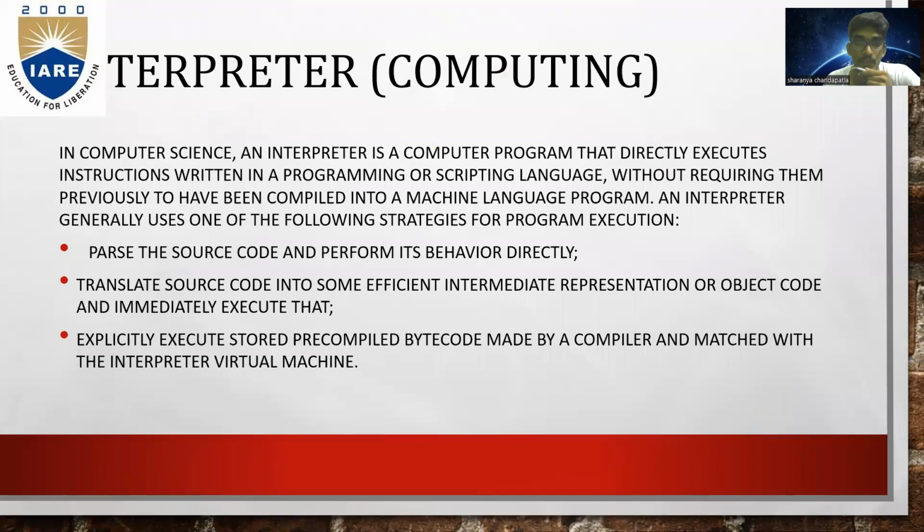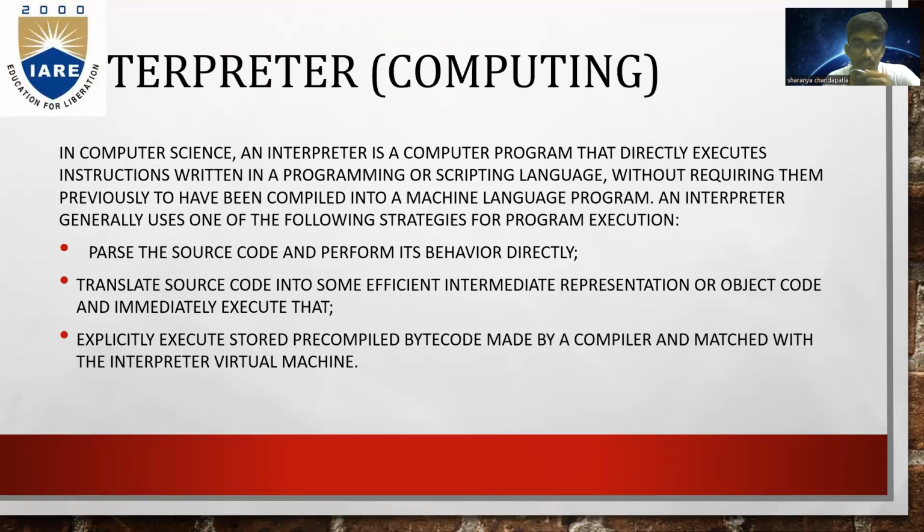Interpreter, computing. In computer science, an interpreter is a computer program that directly executes instructions written in a programming or scripting language without requiring them previously to have been compiled into a machine language program.